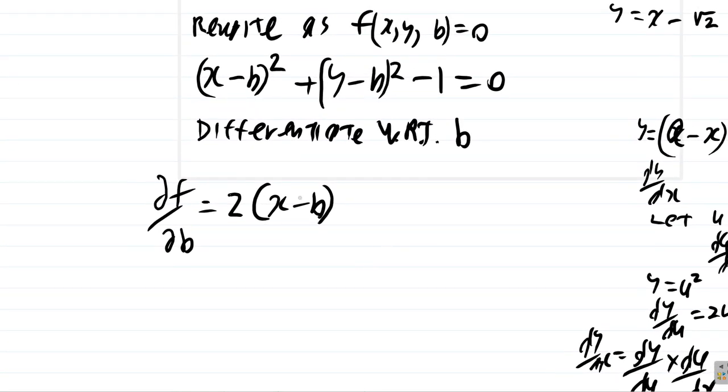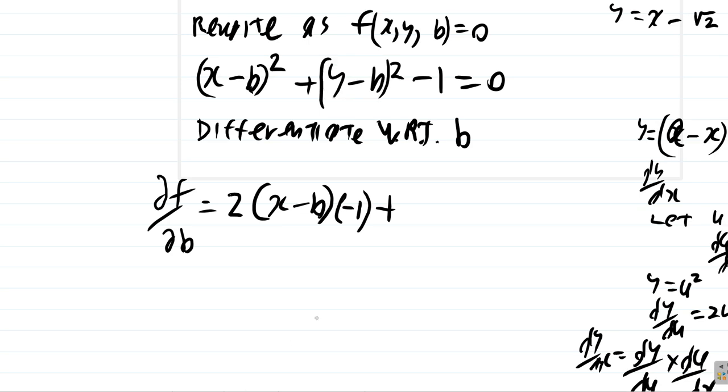So here now, back to this. It's 2 times x minus b times the derivative of the inside function with respect to b. When you differentiate negative b with respect to itself, you get negative 1. So it's times negative 1, right? Plus, same argument applies here. The outside function is this squared.